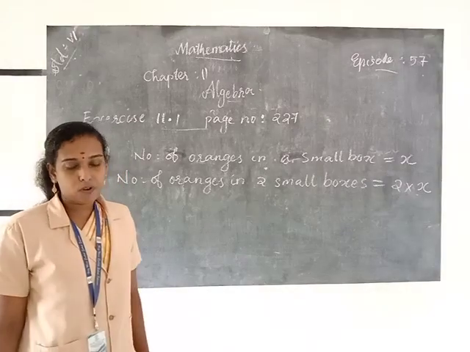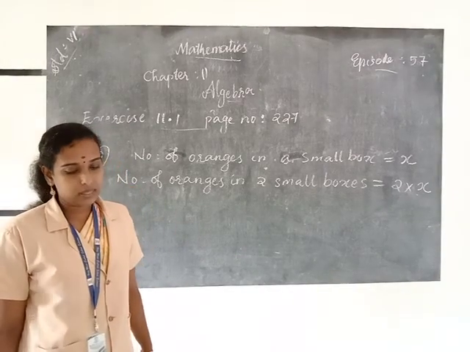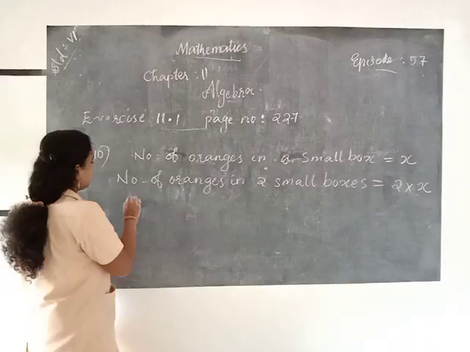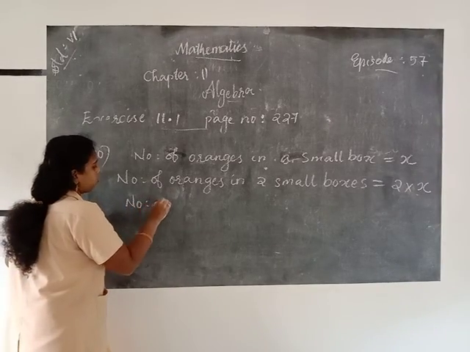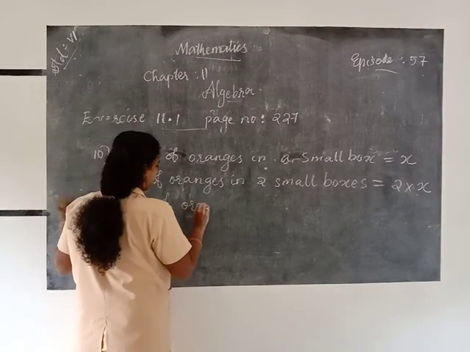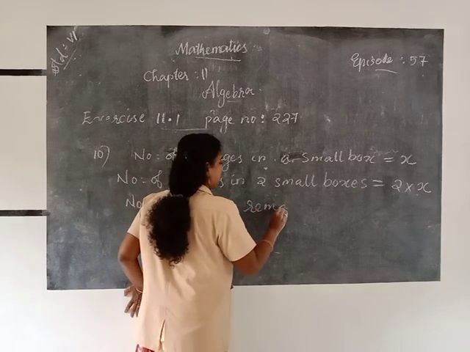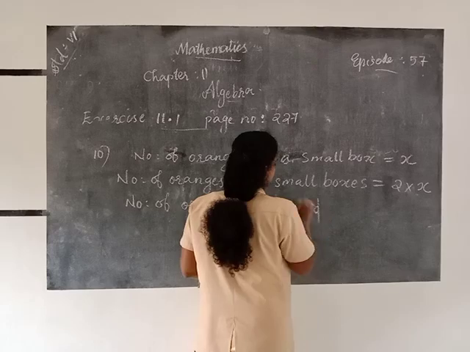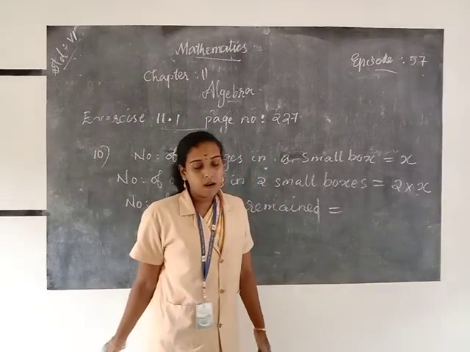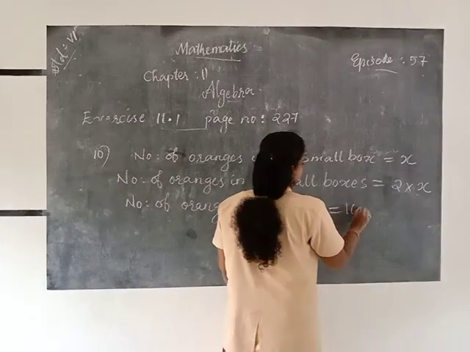Then the number of oranges remained is 10.